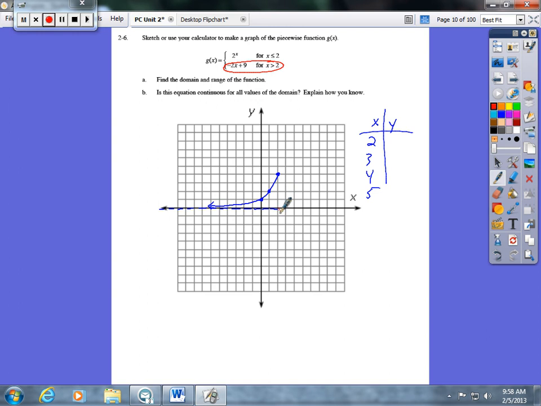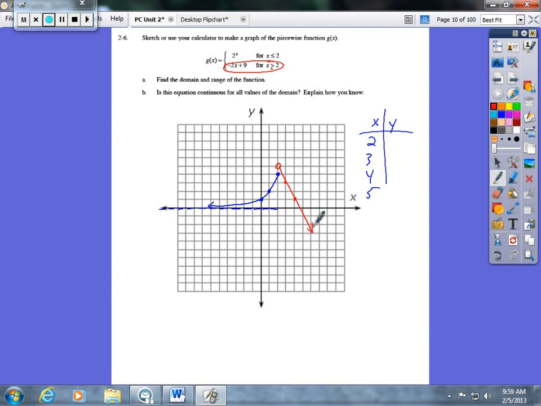So at 2, 2 times negative 2 is negative 4, plus 9 is 5. So right here I have an open circle because it's just a greater than symbol. And then 3 times negative 2 is negative 6, plus 9 is 3, so down 2 over 1, down 2 over 1, and I get this.